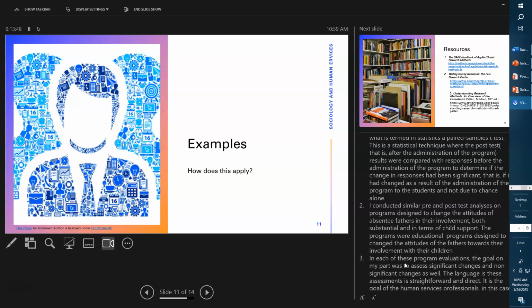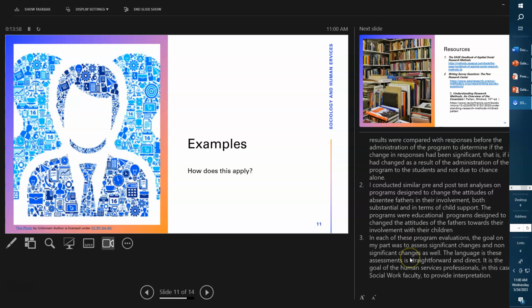I conducted similar pre- and post-test analyses on programs designed to change the attitudes of absentee fathers in their involvement, both substantial and in terms of child support. The programs are educational programs designed to change the attitudes of the fathers towards their involvement with their children. In each of these program evaluations, the goal on my part was simply to assess significant changes and non-significant changes as well.